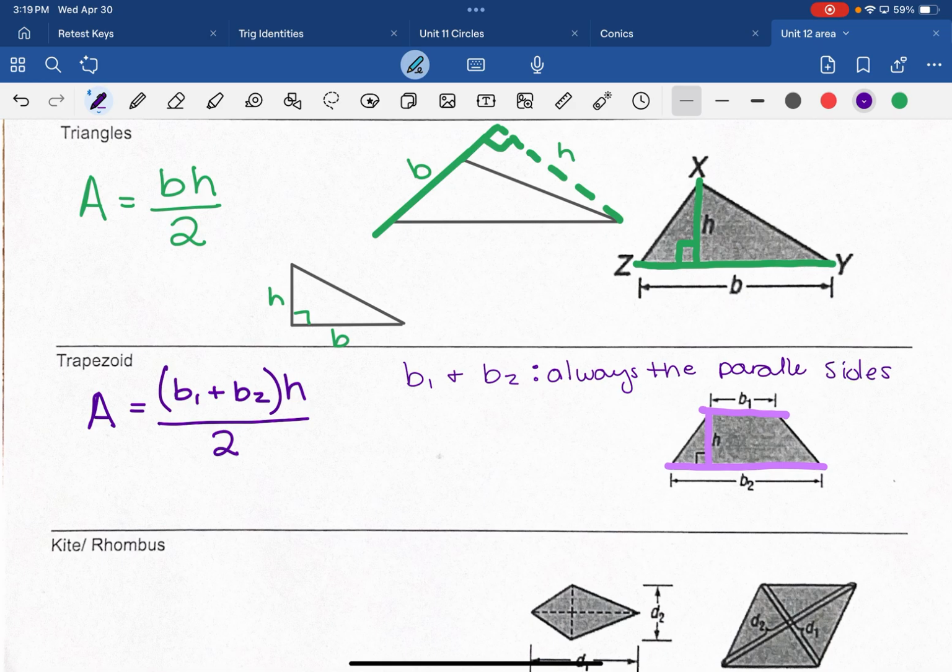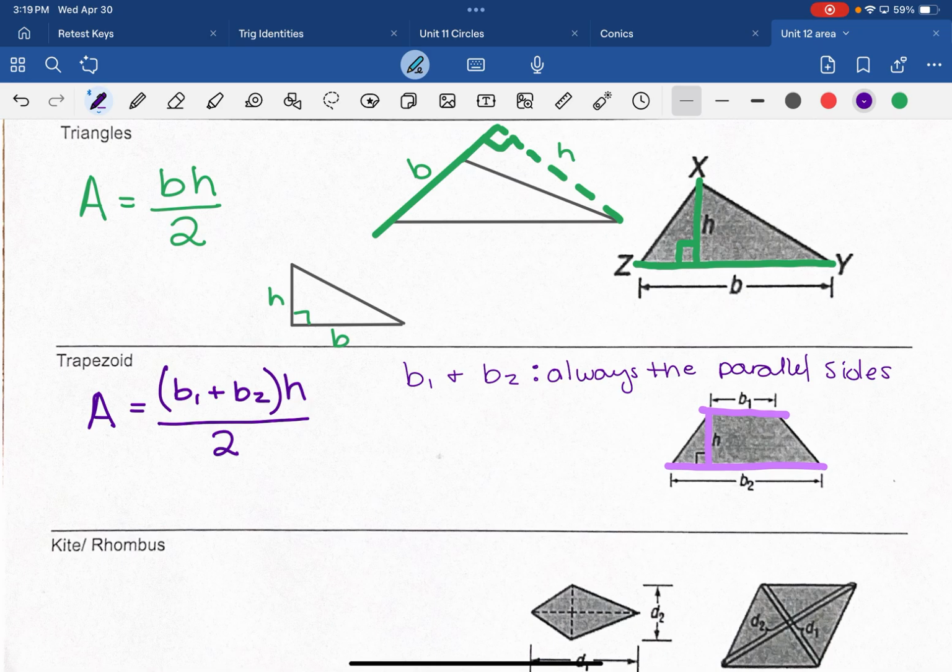So trapezoids only have one set of parallel sides. Okay? So bases can't be any side on a trapezoid. It has to be base 1, base 2. Okay? So are we good on that?